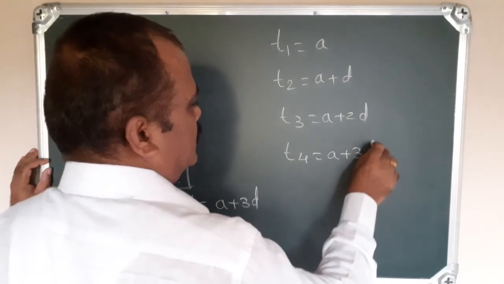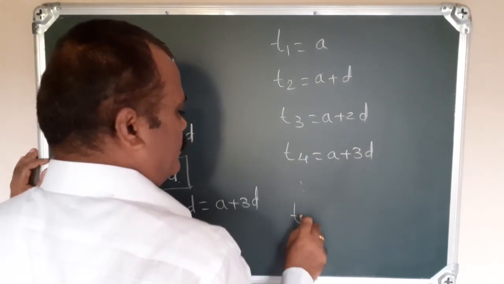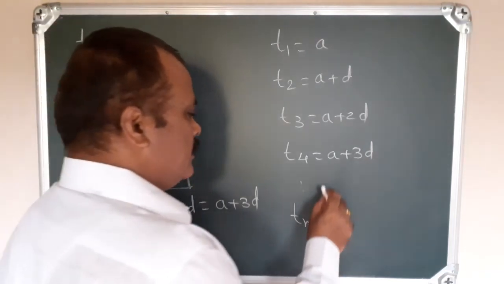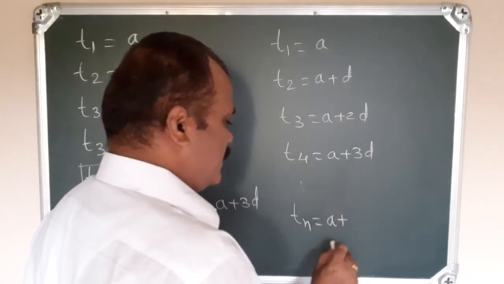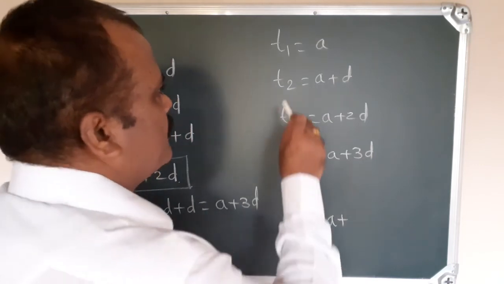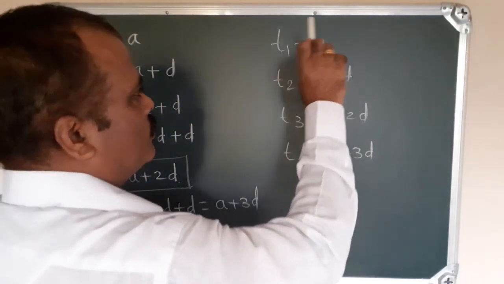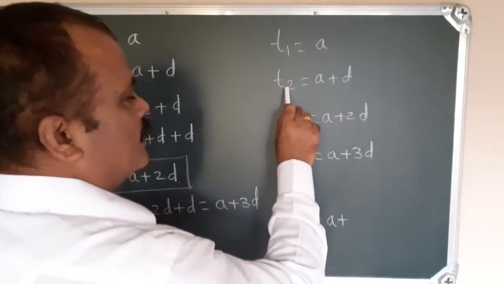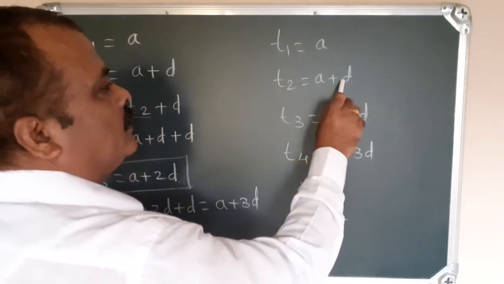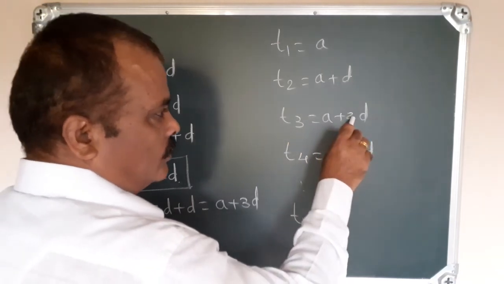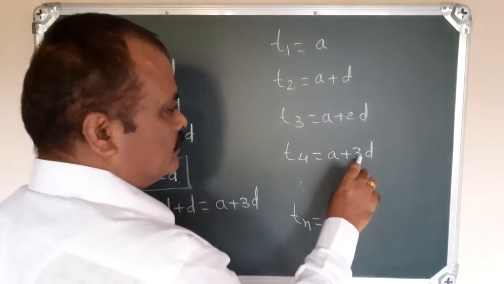If we calculate the nth term, that is Tn, that will be a plus, see here, in the first term there is no d, that is 0d. In the second term there is 1d. In the third term 2d, in the fourth term 3d.